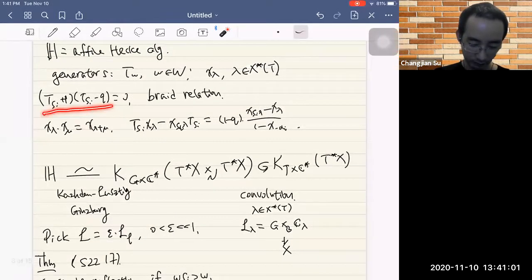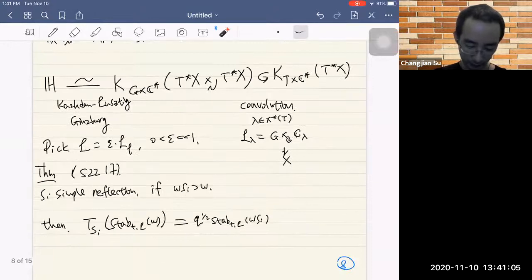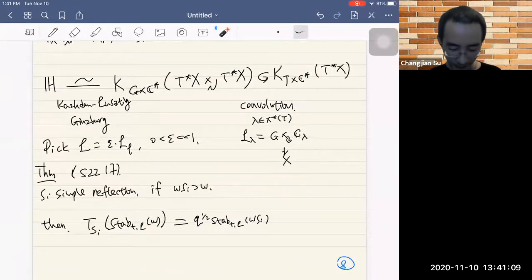You can always use the quadratic relation to get the formula when w s_i is smaller than w. So this says this basis will form a standard basis for the action of this finite Hecke algebra. The stable basis should always behave as the standard basis.